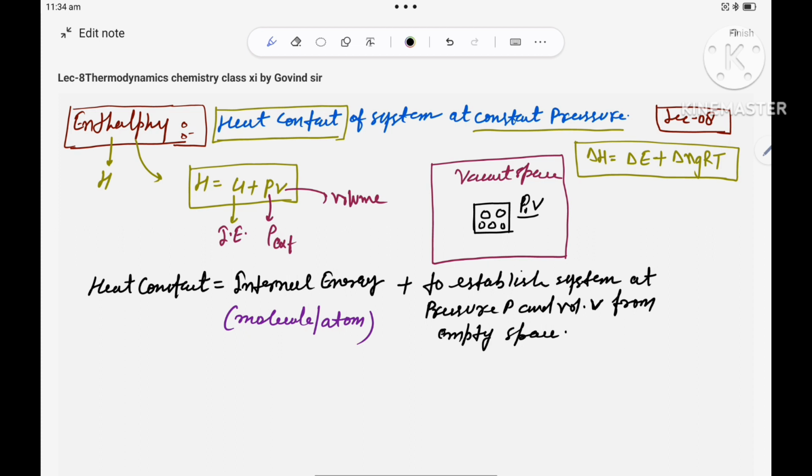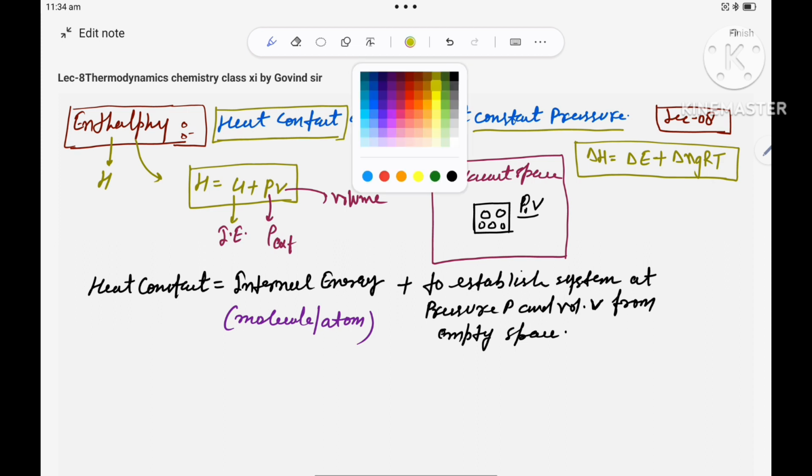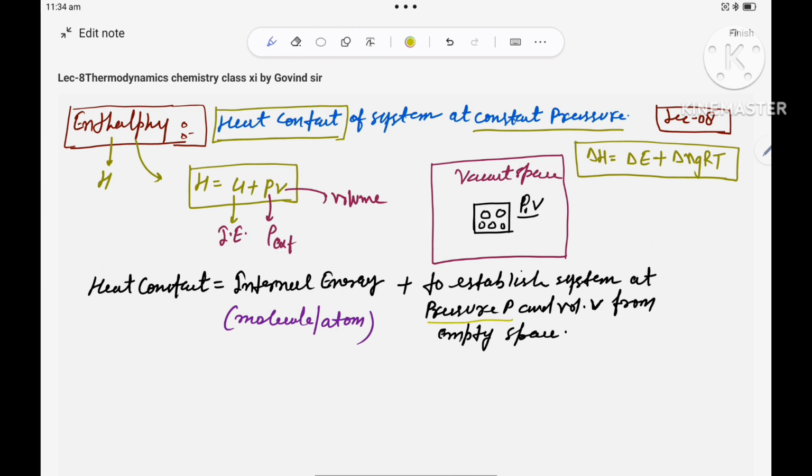To establish the system at pressure P. Now what is pressure P and volume V? Suppose this is the empty space, children, and you want to place this system in this empty space, then we need pressure P and volume V to establish this system.